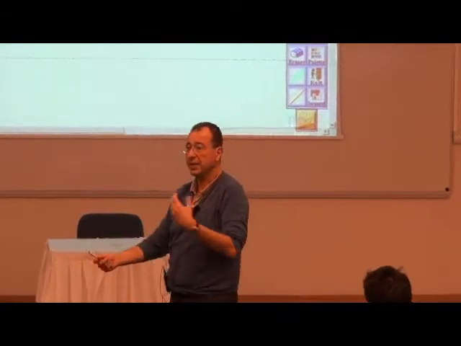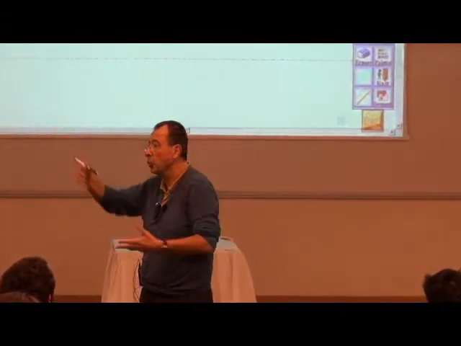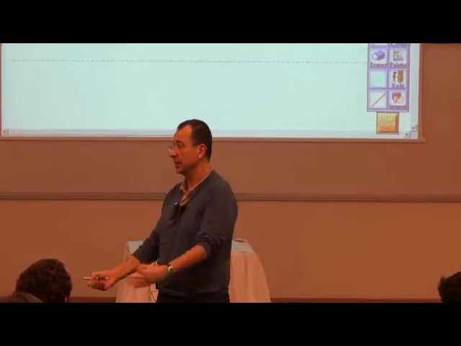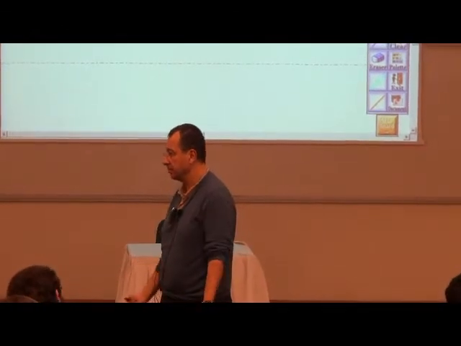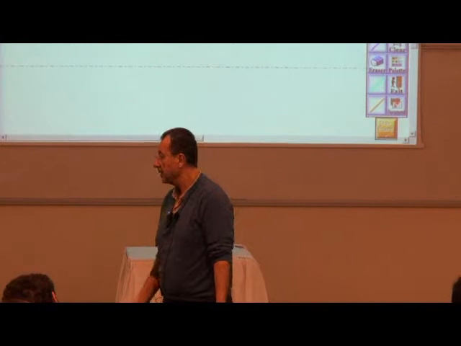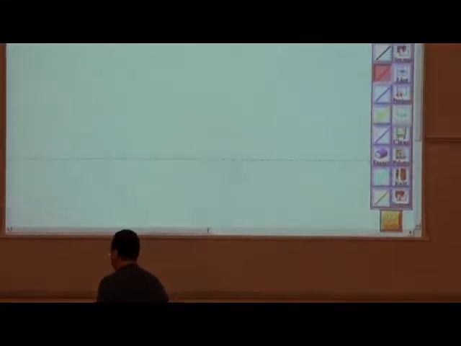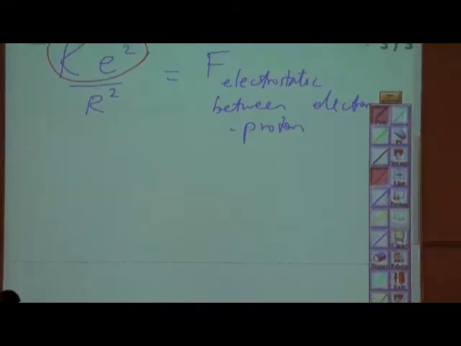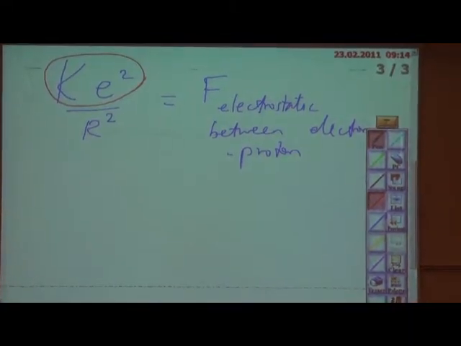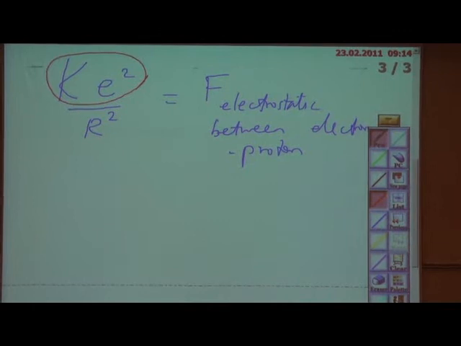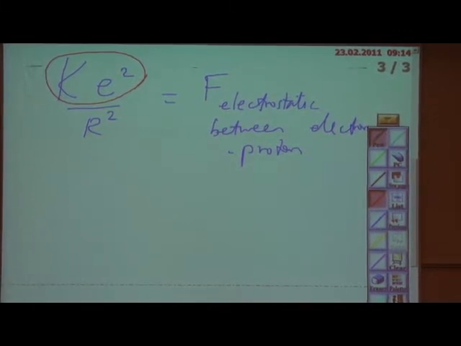Okay? So K times E square is going to be fundamental, because all atoms all over the universe are the same kinds of atoms. So K times E square is going to be a fundamental constant. What does it describe? It describes how strong the electrostatic force is.